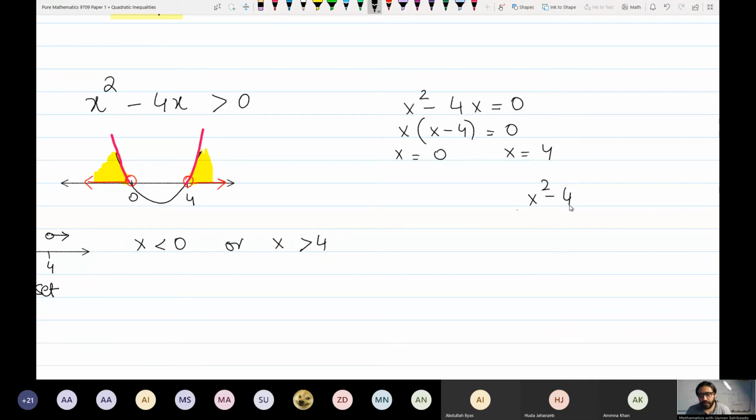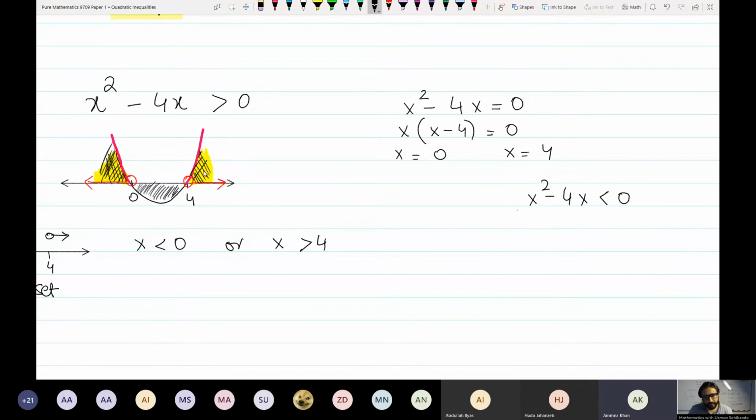So you're basically giving us a set of values of x for which it occurs. जिस तरह सवाल होता है x square minus 4x less than 0. अगर less than 0 होता, you would note that this is the part which is less than 0. Do you understand that? The part above 0 is this one here. ये जो ऊपर है, this is above 0, greater than 0. What is 0 line? 0 line is the x-axis, जहाँ पे y की value 0 होती है.